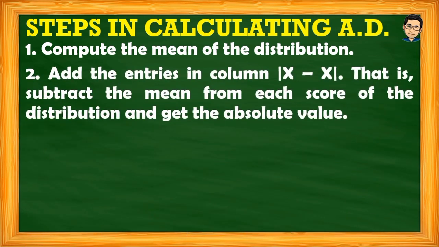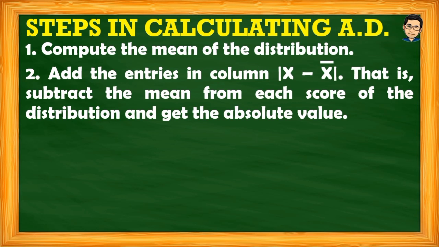And then, add the entries in column of the absolute value difference of the score, individual score, and the mean. Okay, so ang gagamitin natin dito is yung naka-table para mas organized yung tignan. Okay, so that is subtract the mean from each score of the distribution and get the absolute value.